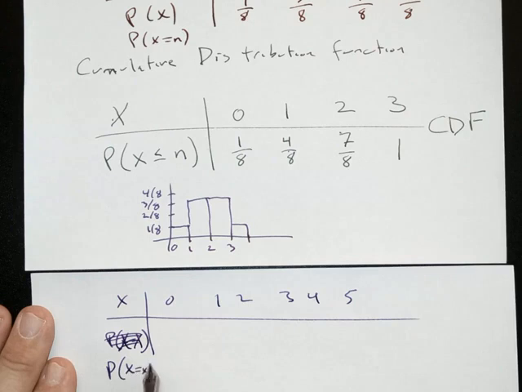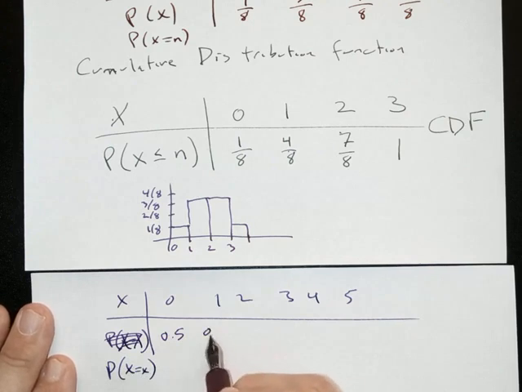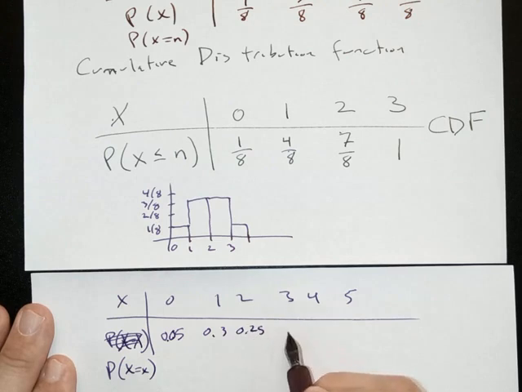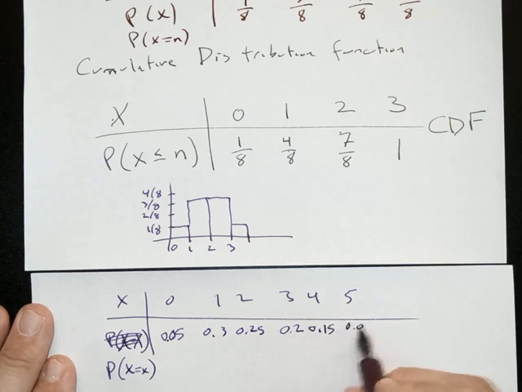The probability of capital X equals a little value x: 0.05, 0.3, 0.25, 0.2, 0.15, and 0.05.